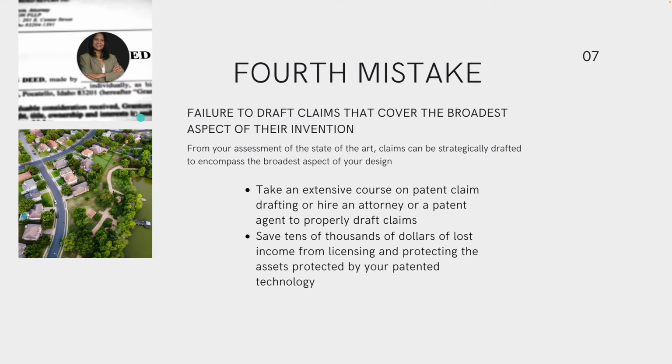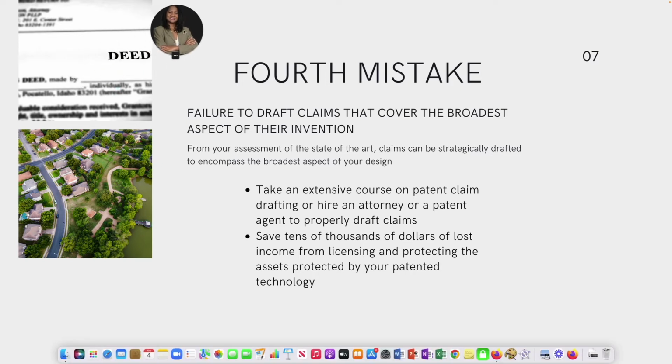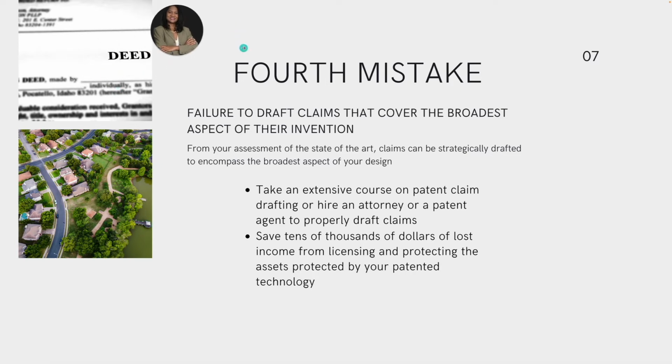Okay, so the fourth mistake is a failure to draft claims that will cover the broadest aspect of your invention. Right here I have a picture of land and houses, a neighborhood, and a deed. I don't know if you've ever looked at a deed or read the deed, but a deed basically defines the outer periphery of the property that you own.